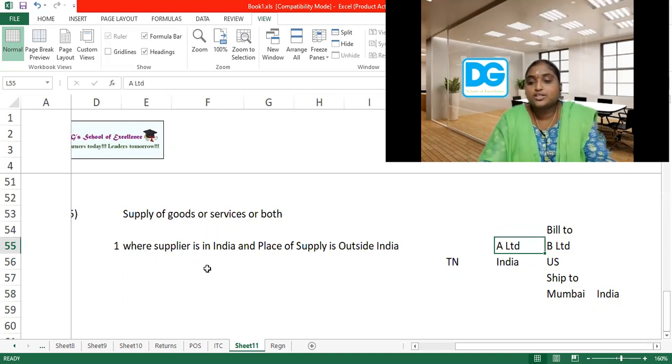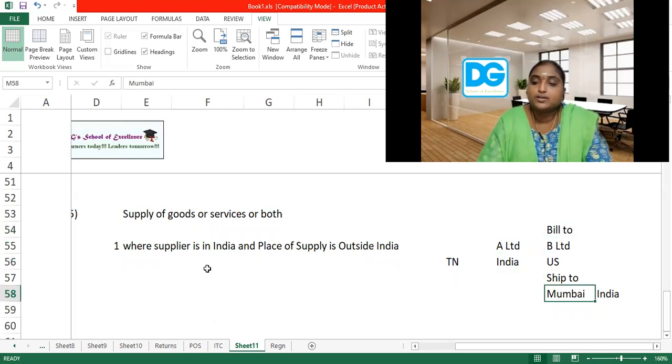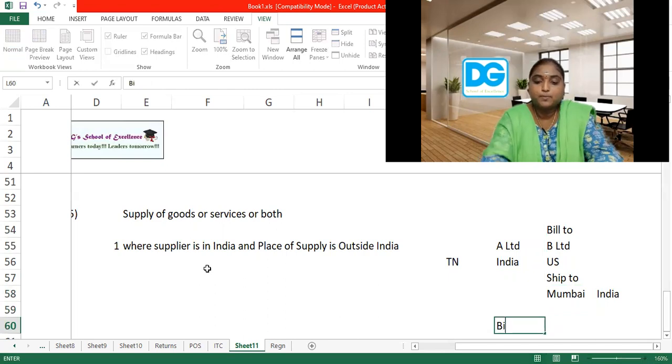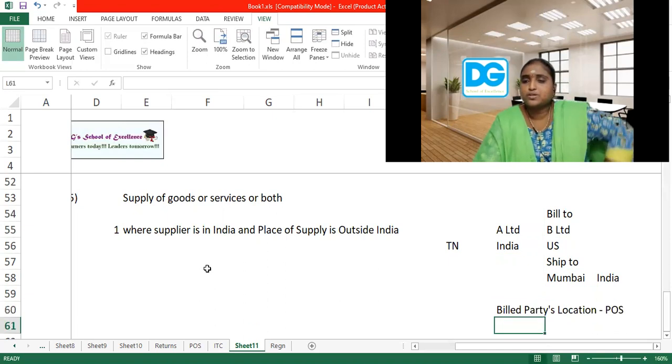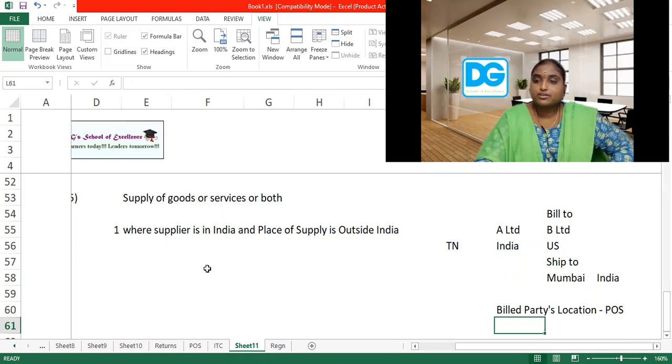What it says is, in case it is billed to one party and shipped to another party, then the billed party's location will be taken as the place of supply. Here the billed party's location is the US. So the place of supply is outside India, but still it is not an export, so it is not zero rated.